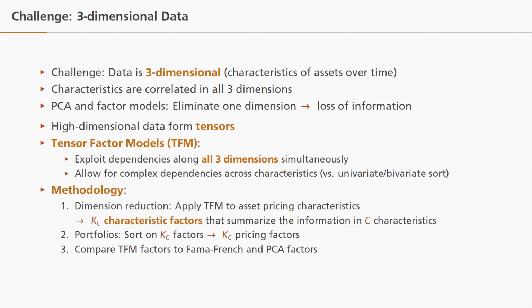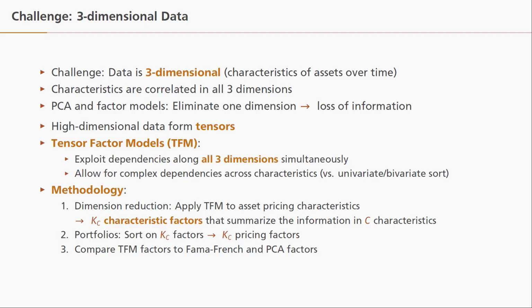So one thing we could do is eliminate one dimension. We would lose some information, obviously, and then just apply PCA and factor models along the two dimensions that we chose. The model that I will propose applies to three dimensions directly.